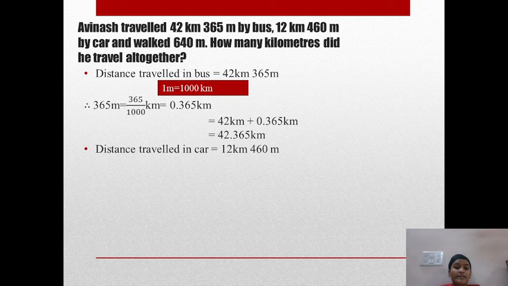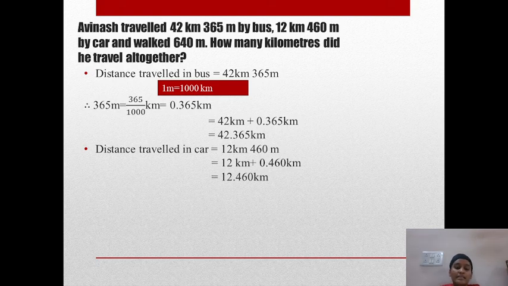So you will divide it by 1000. So your answer for 460 meters will be 0.460 kilometers. So you will add both of the numbers, and you will get 12.460 kilometers.